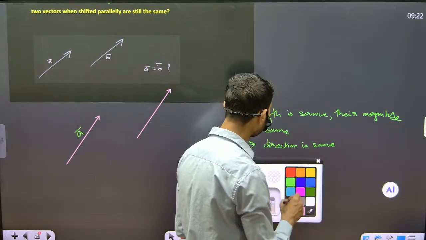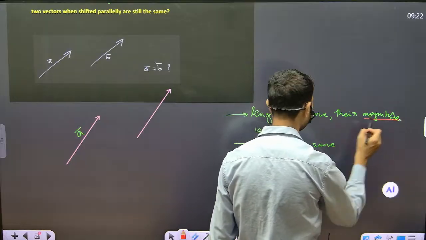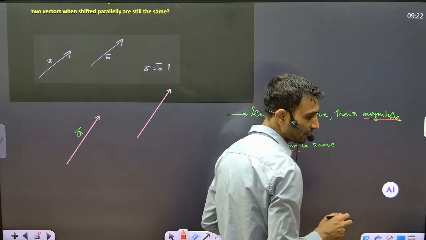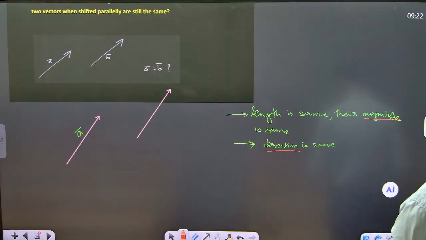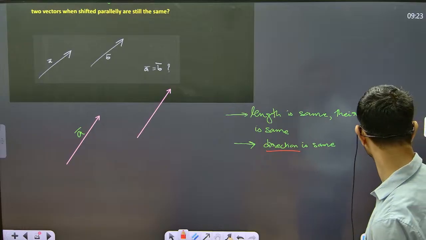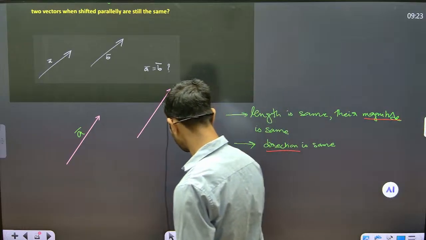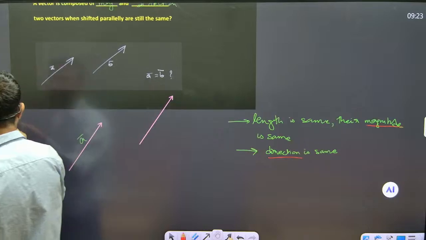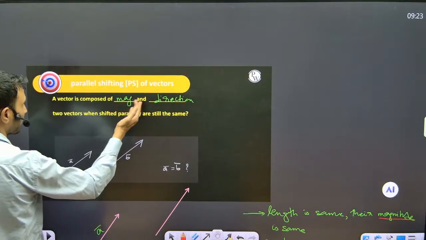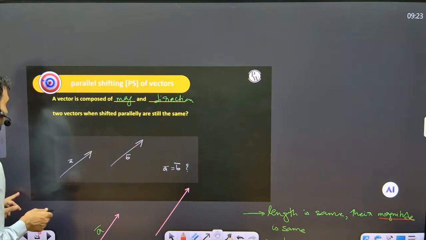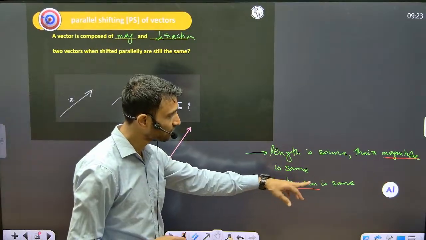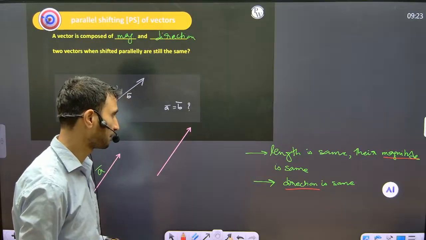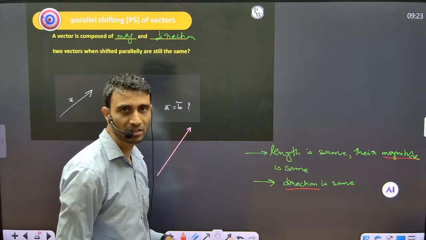So that is what a vector is made up of, right? Magnitude and direction, and they have the same magnitude and they have the same direction. Those are the two things that make up a vector, and both of those things are same.